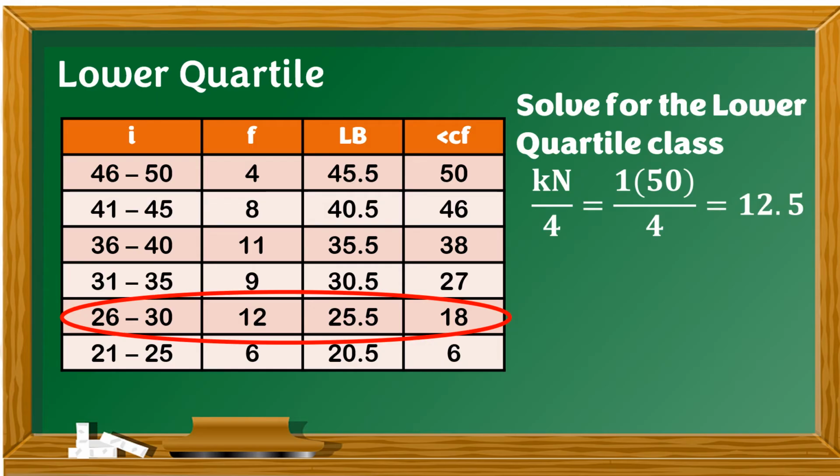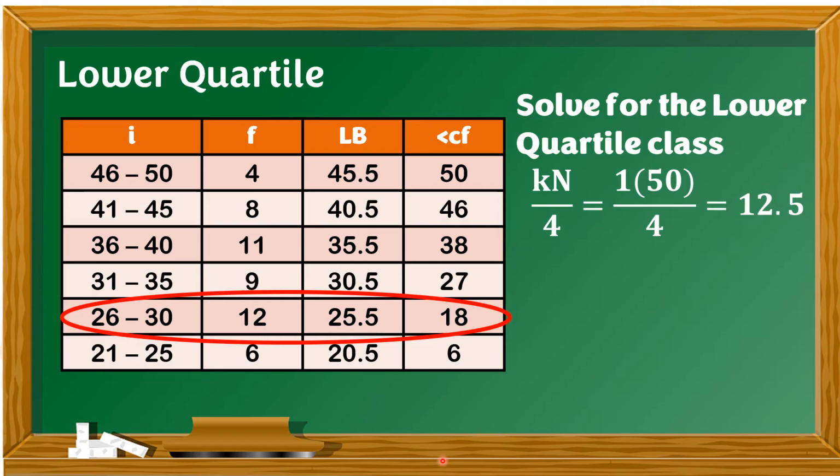We're going to consider the less than cumulative frequency. The first one is 6, and then next is 18. Since the lower quartile class is 12.5, it is located in this data.